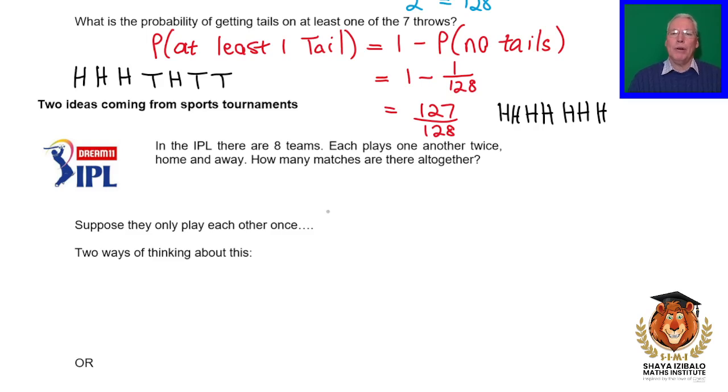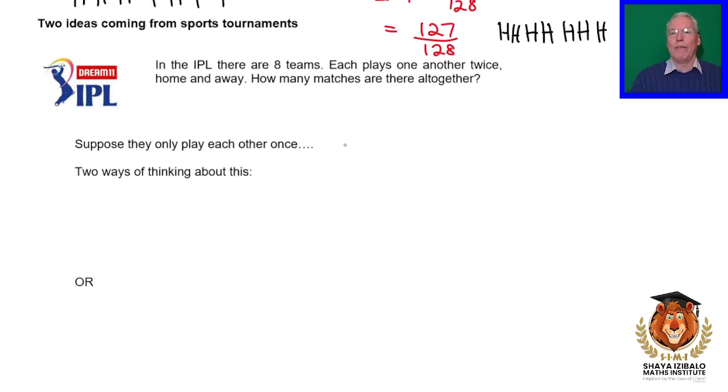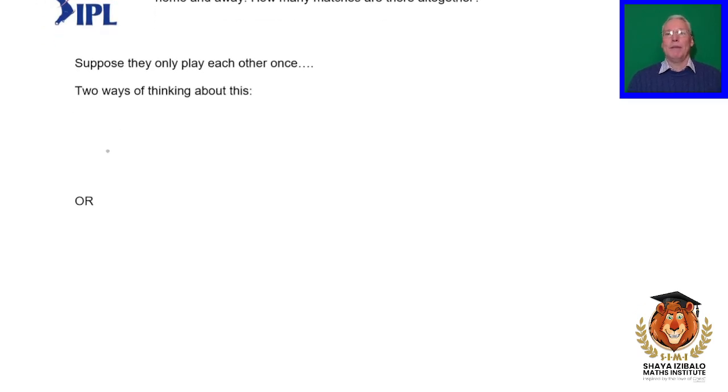Suppose they each only play each other once. There are 8 teams altogether. If we call the teams A, B, C, D, right through to F, G, H, Team A has got to play 7 matches.